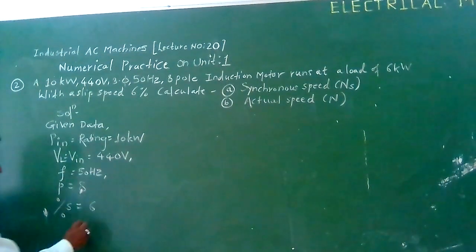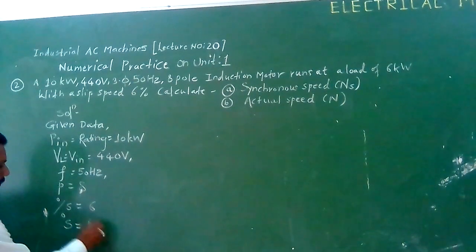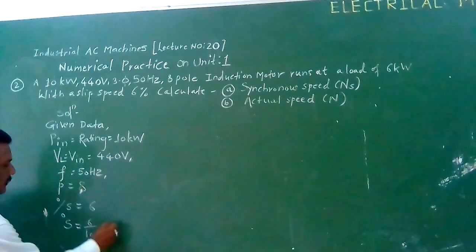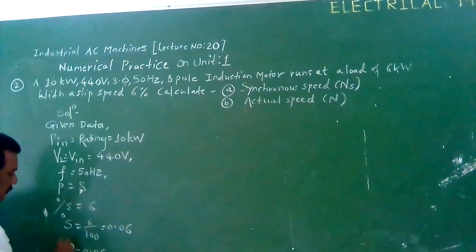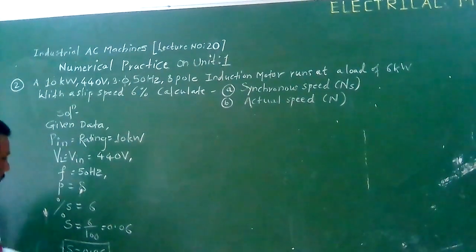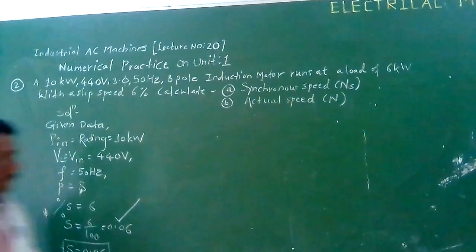So S is 6 upon 100, so S is 0.06. We use S equal to 0.06 in the speed calculation formula.